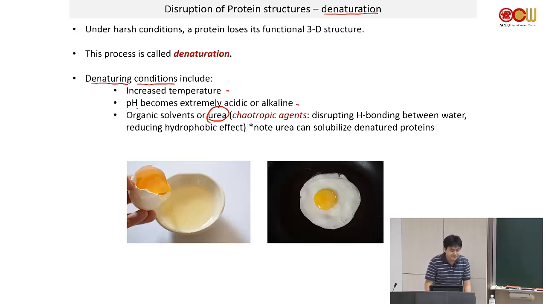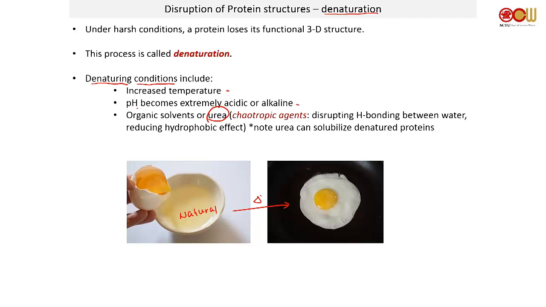Now, some of the things that you see when proteins are denatured: I'll give you two pictures of an egg. This is an egg in its natural state. It's slightly transparent, very liquidy. Now you add heat to it, and obviously it becomes solid. You've been doing this forever. Why does it do that?